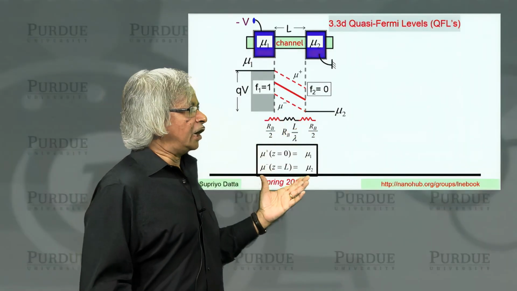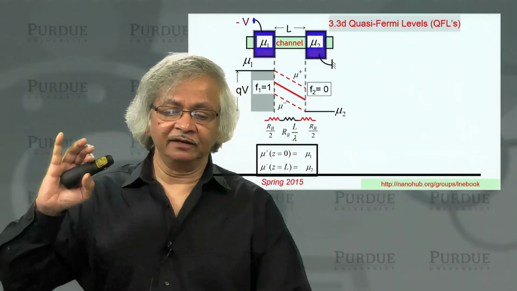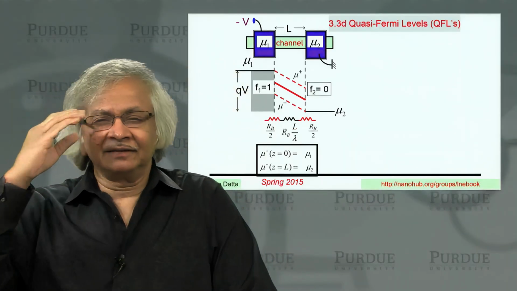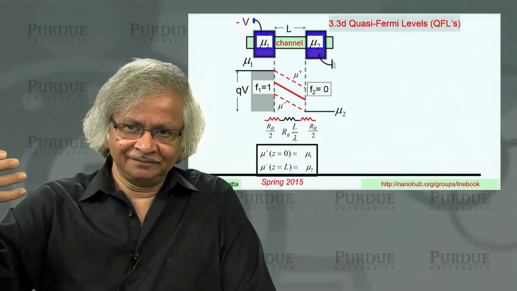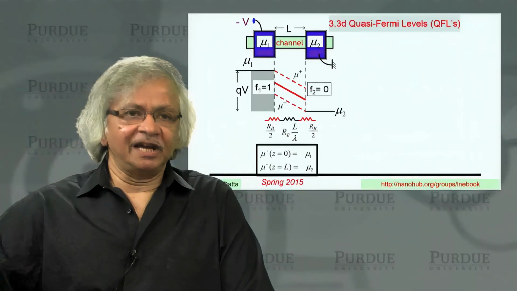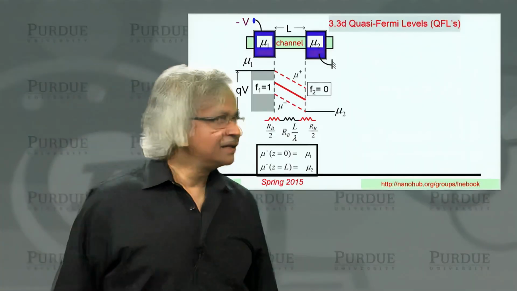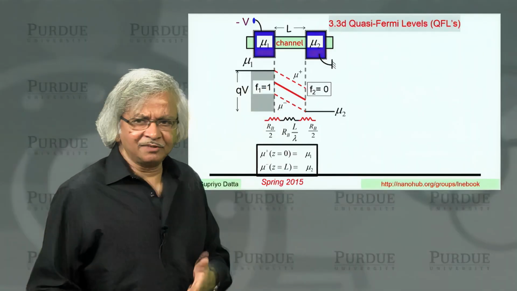Now, the key point here, of course, is that when you think of mu, think of it as something that tells you the degree of filling of the states, not as something that signifies the average energy of the electrons. Because if the average energy were actually going down, then there must be some dissipation.